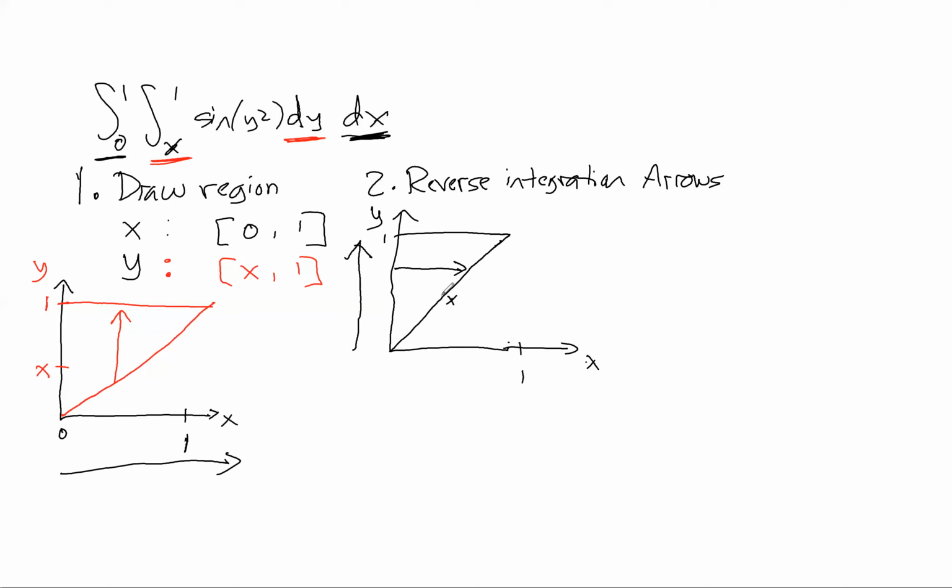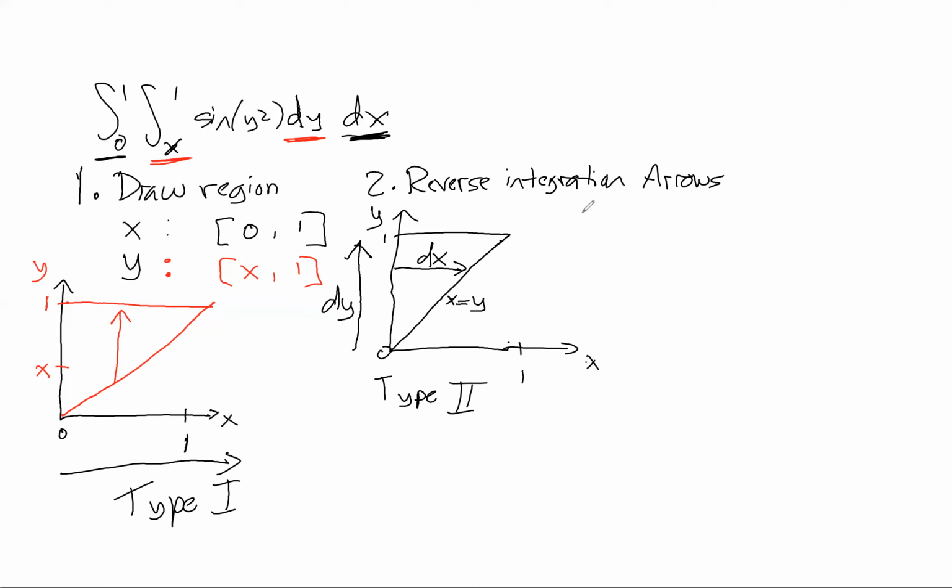But now, the line y equals x, I want it to be x as a function of y. Because if we started with this type 1 region, now what I want is a type 2 region. So y is the upper limit in the x integral, and then 0 to 1 will just be our y limits.